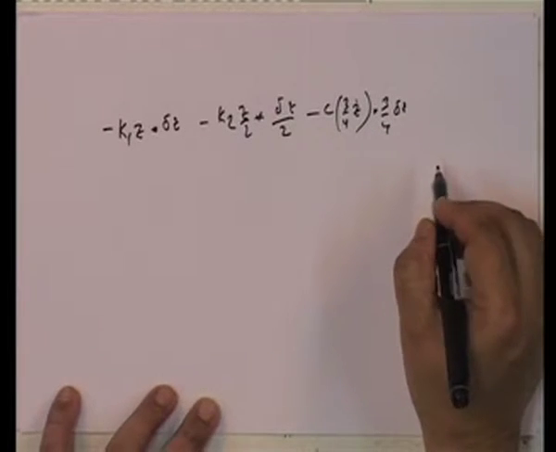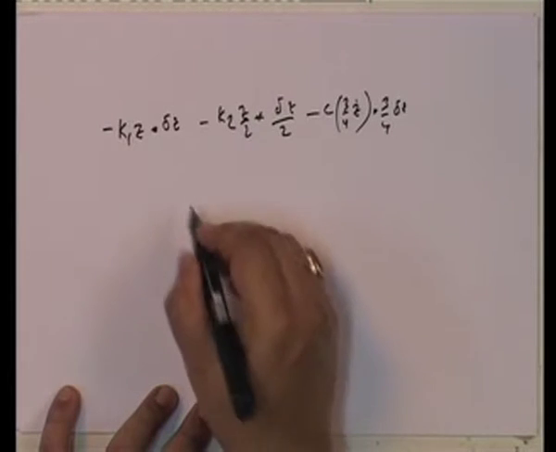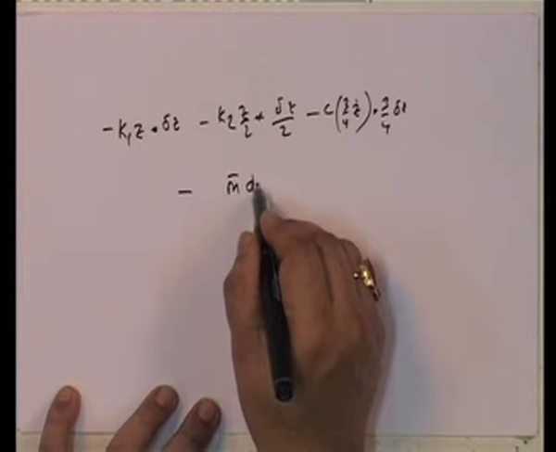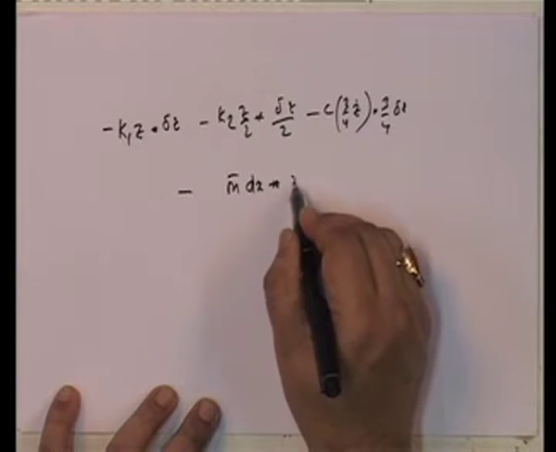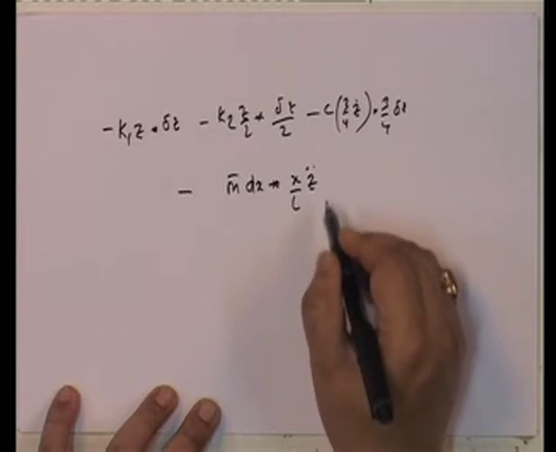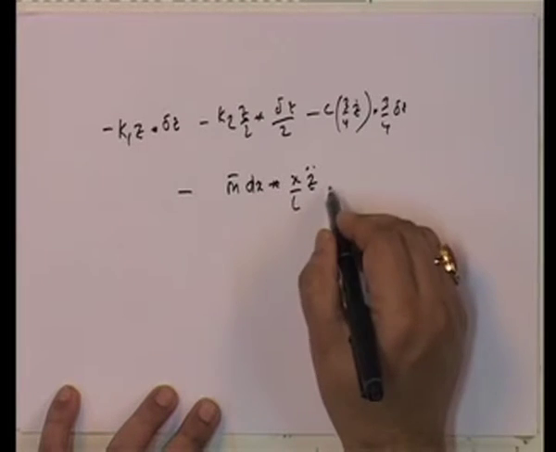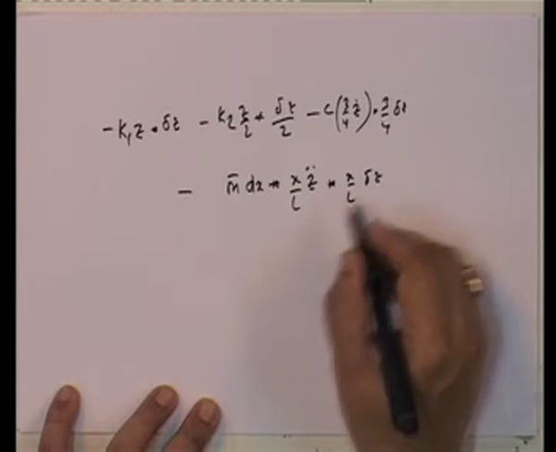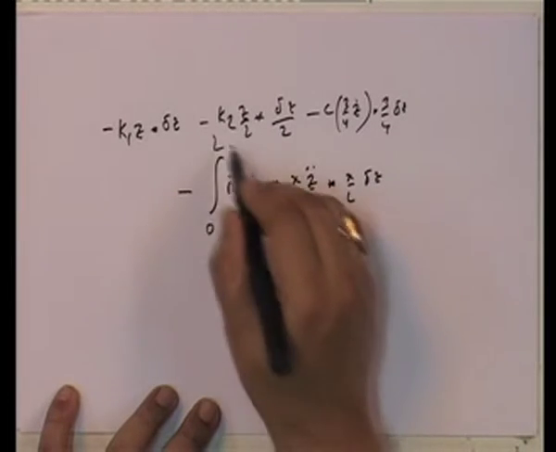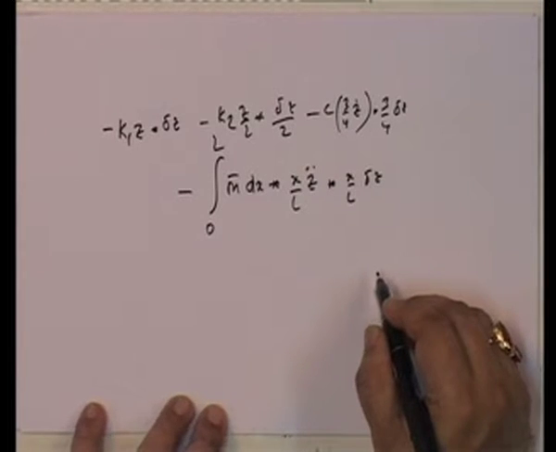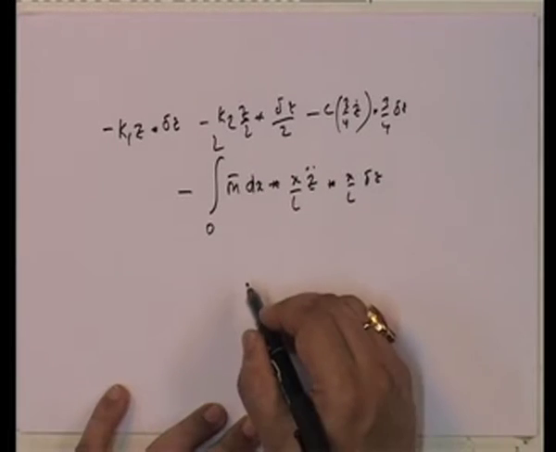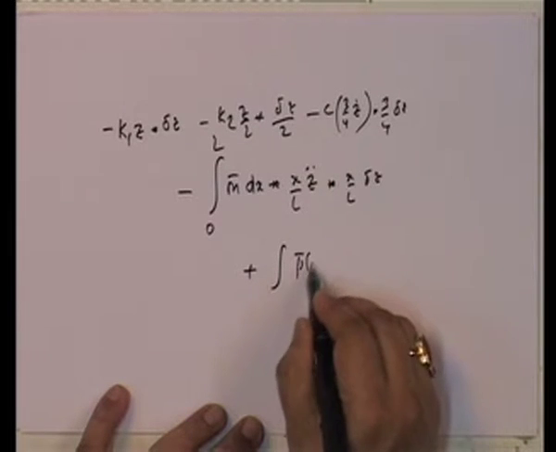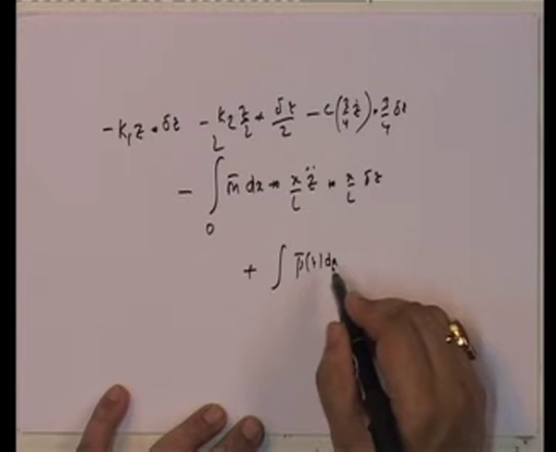Okay. Then what do we have? Then we have minus m bar dx into x by L z double dot, that is the force, multiplied by x by L delta z, that is integrated from 0 to L. That gives me the total work done by the inertial forces, and finally, the work done by p bar of t dx.